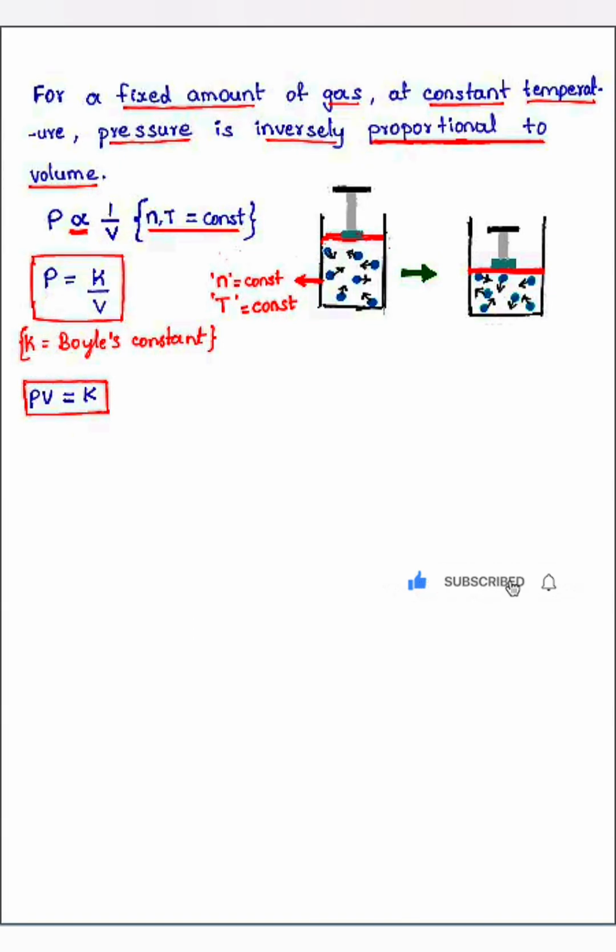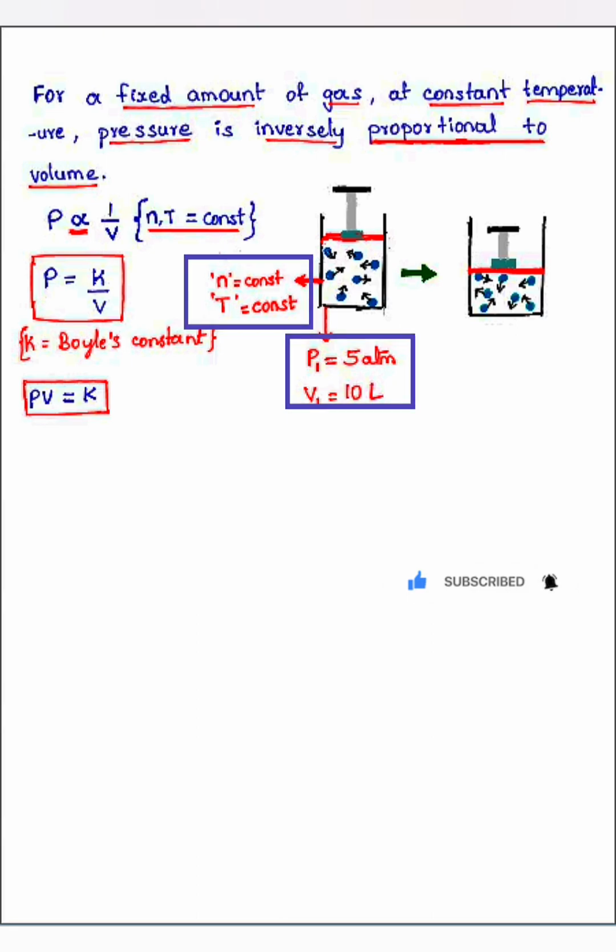Now I would say the initial pressure of gas inside the container is 5 atmosphere, that is P1 equals 5 atm, and the initial volume is 10 liters. These initial states of pressure and volume are taken at constant number of moles of gas and constant temperature.